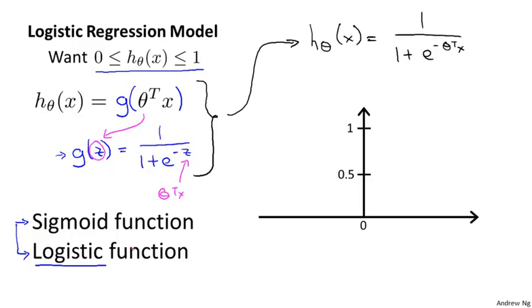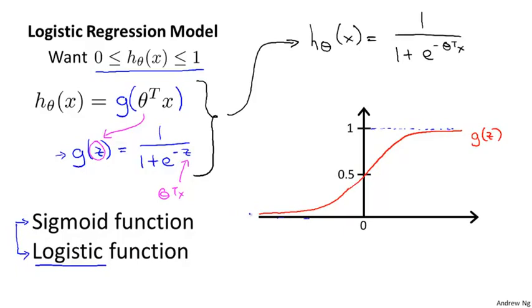Lastly, let me show you what the sigmoid function looks like. I'm going to plot it on this figure here. The sigmoid function, g of z, also called the logistic function, looks like this. It starts off near 0, and then it rises until it crosses 0.5 at the origin, and then it flattens out again like so. You'll notice that the sigmoid function asymptotes at 1, and it asymptotes at 0.